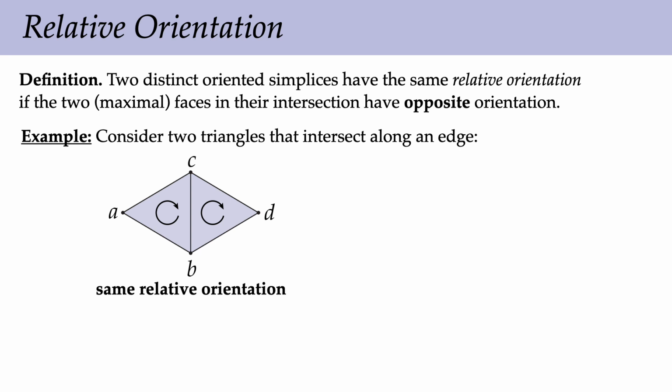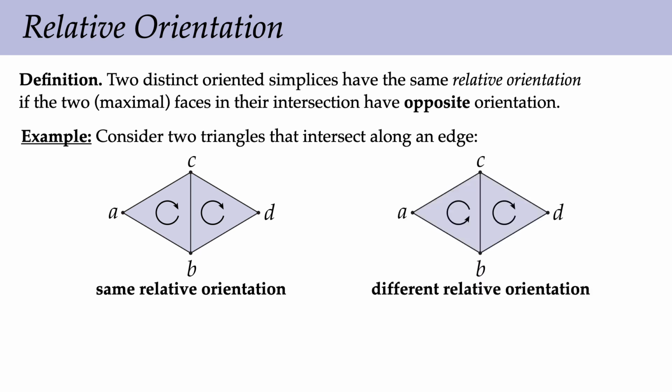In triangle ABC, that edge goes from C to B. In triangle BCD, that edge goes from B to C. If we draw two triangles like this now, they have different relative orientation because both triangles give the edge BC the same orientation. It's a little bit confusing, right? In order to have the same relative orientation, the two faces in the intersection have to have opposite orientation.